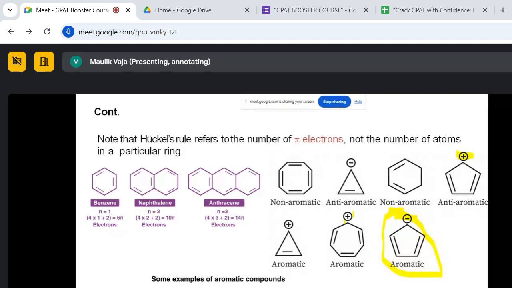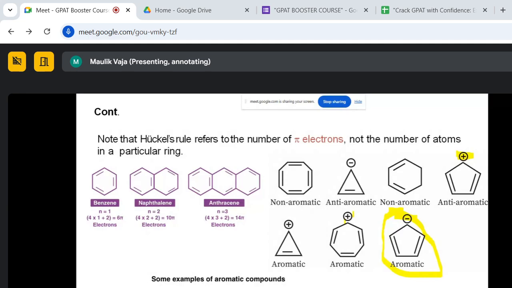If a compound follows all these four criteria, then it will be aromatic. And if a compound deviates from any two or more criteria, then it will be non-aromatic. If a compound has 4n pi electrons, then it will become anti-aromatic.